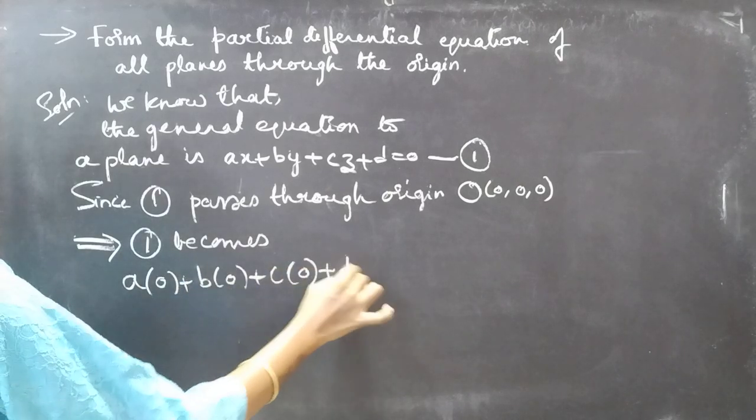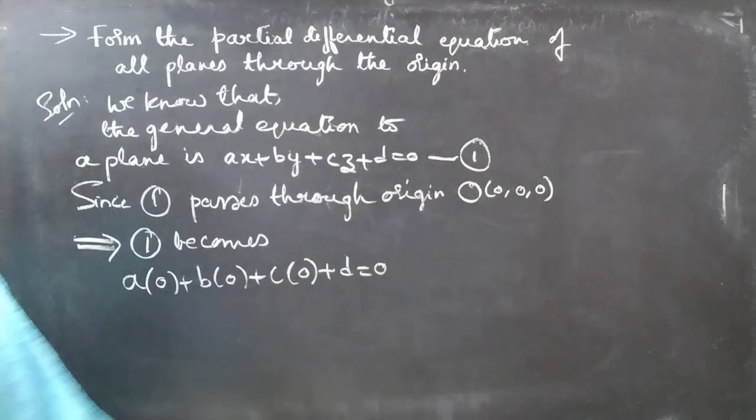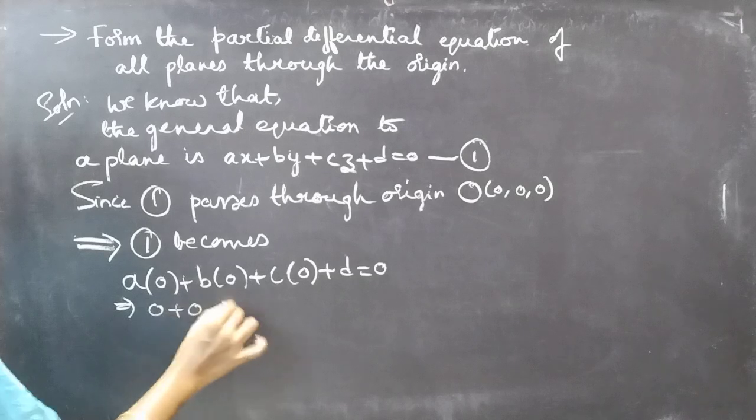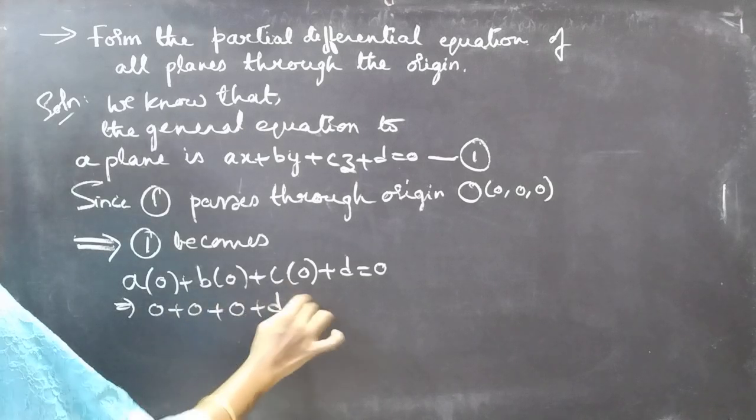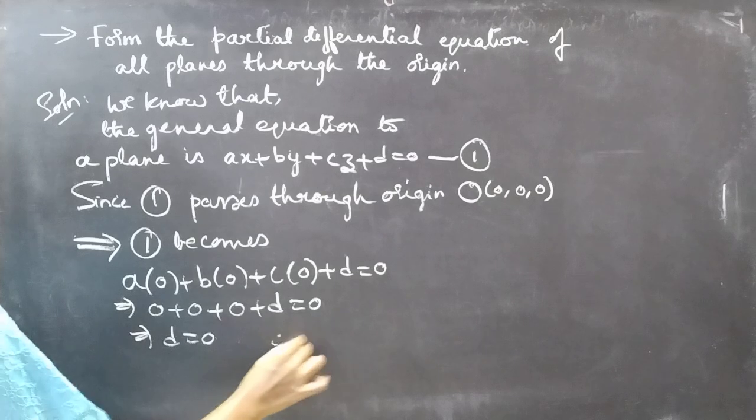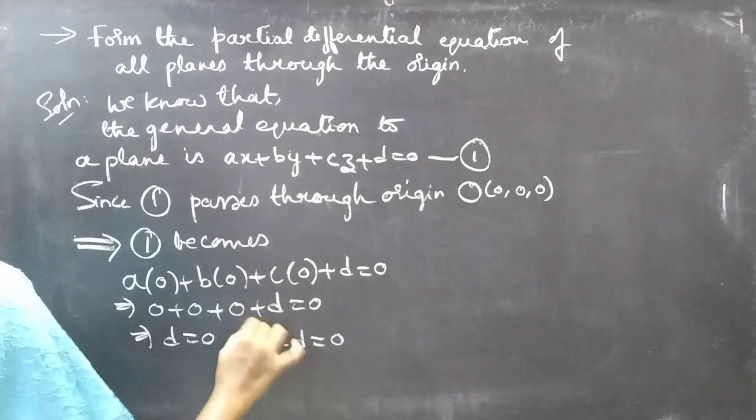Since we have coordinates at origin, which is 0, 0, 0, right? This gives us 0 plus 0 plus 0 plus d equal to 0. Again, this gives us d equal to 0. Therefore, d equal to 0.